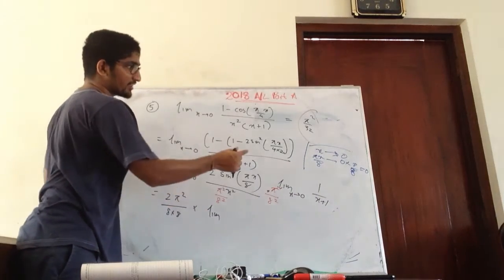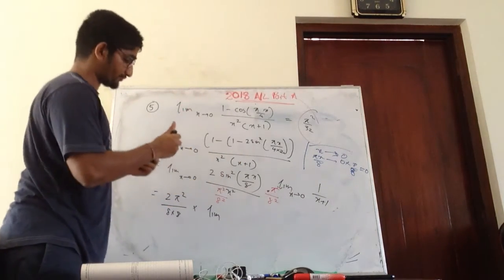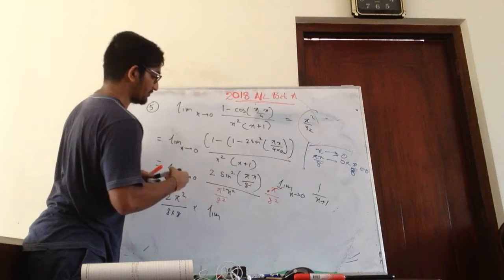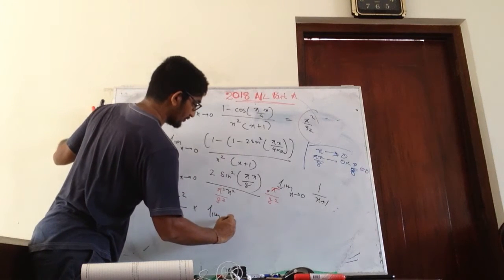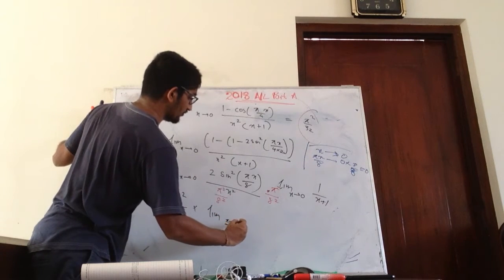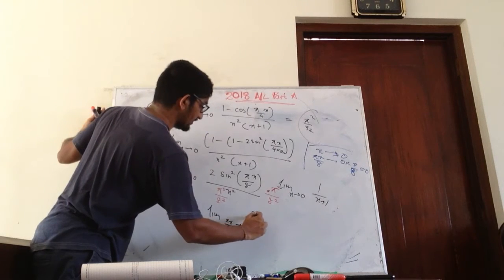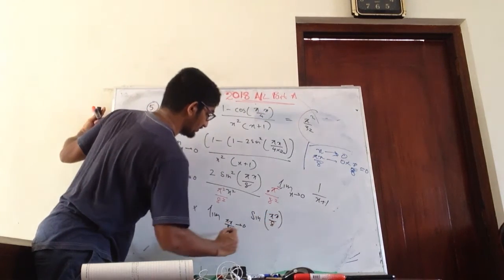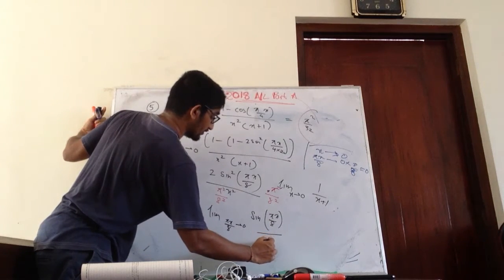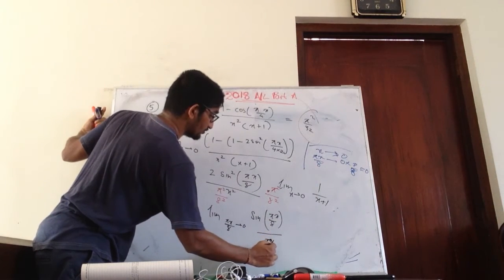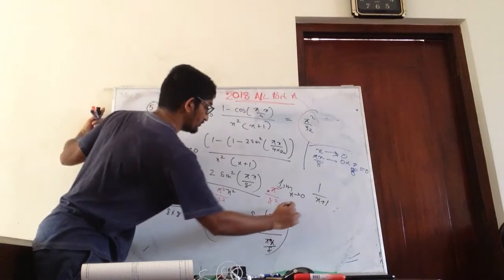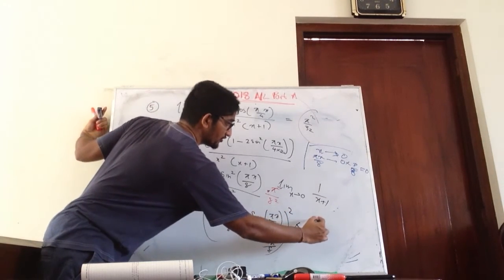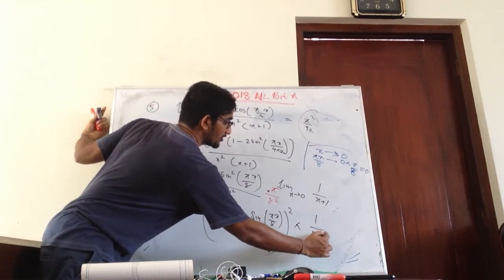That means this 5x over 2 also goes to 0. So I am going to change this limit as 5x over 2 goes to 0. Then I can take sine (5x over 2) over (5x over 2), squared, plus this is going to be 0 plus 1.